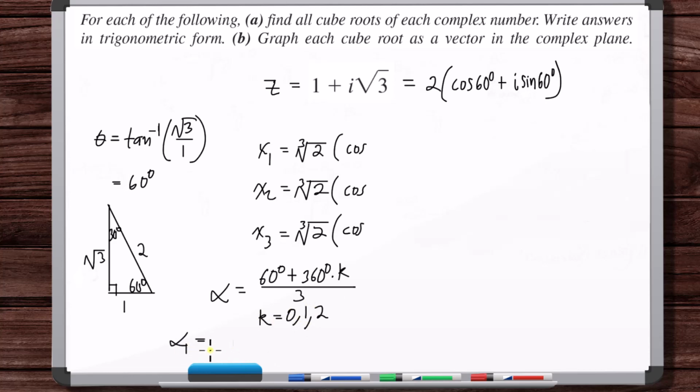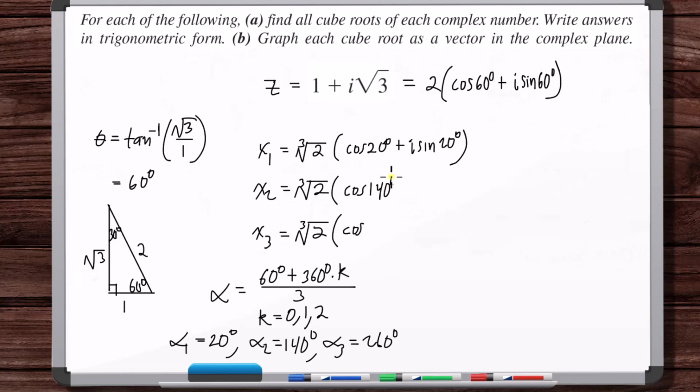So alpha 1 is 60 divided by 3, which is 20. For alpha 2 we add 120, and for alpha 3 we add another 120. So cosine 20 plus i sine 20, cosine 140 plus i sine 140, cosine 260 plus i sine 260.